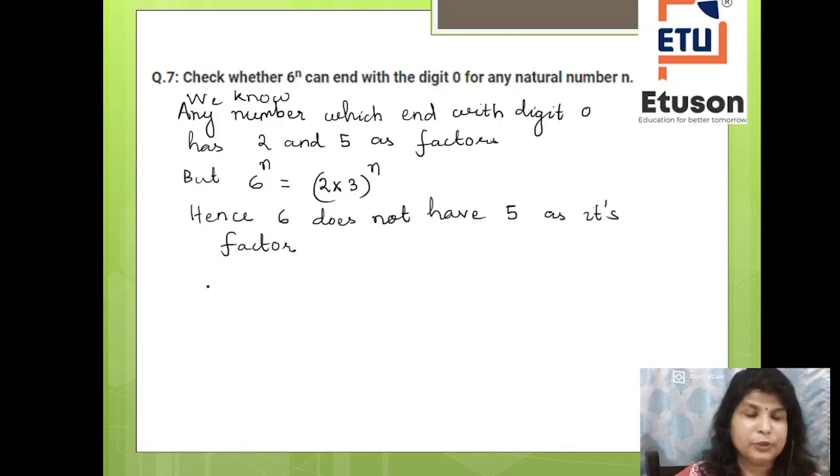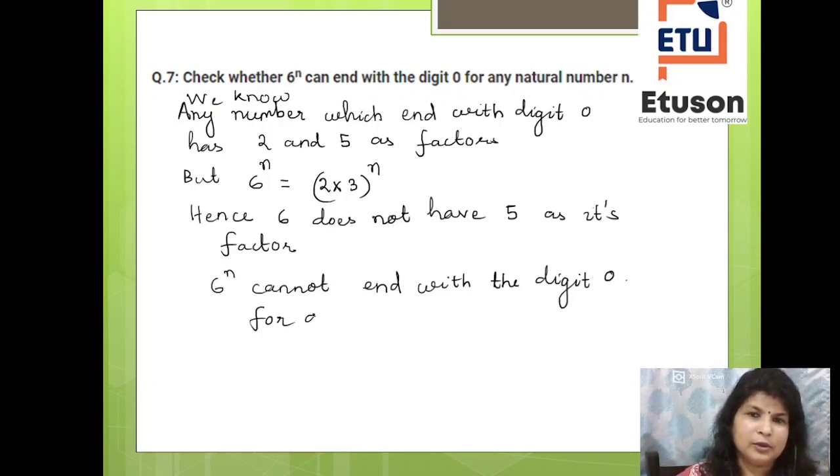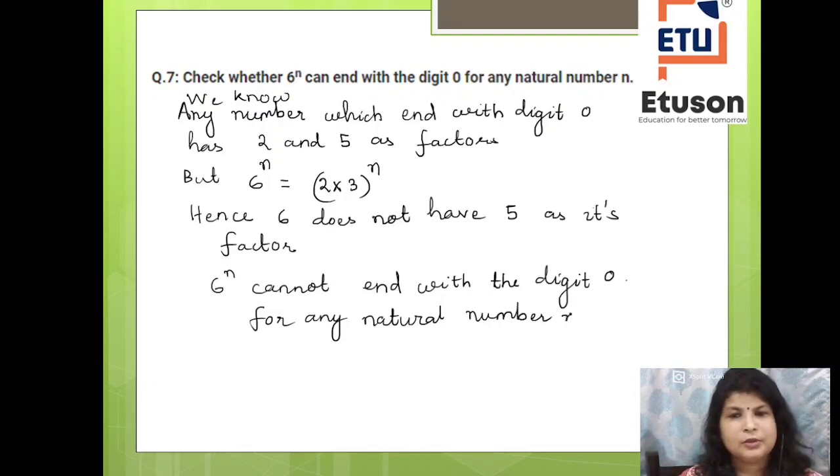So according to the fundamental theorem of arithmetic, 6 to the power n cannot end with the digit 0 for any natural number n. Okay? So it's a very short type question which will come.